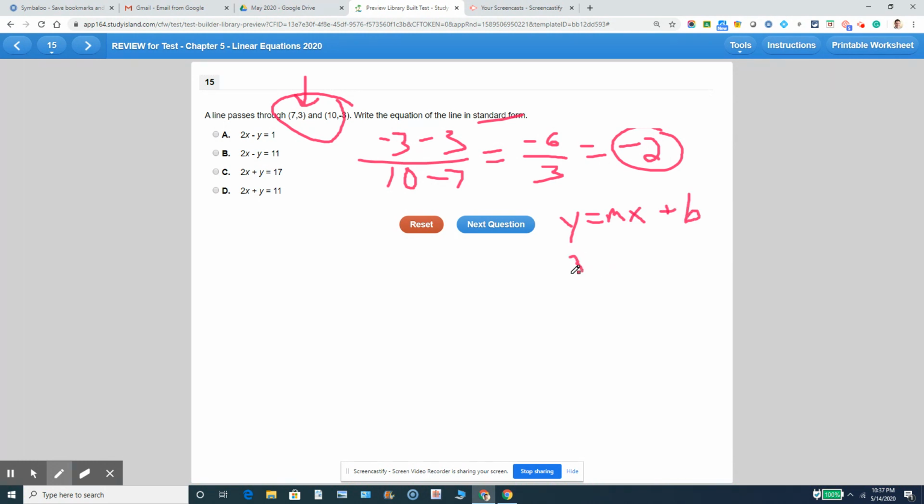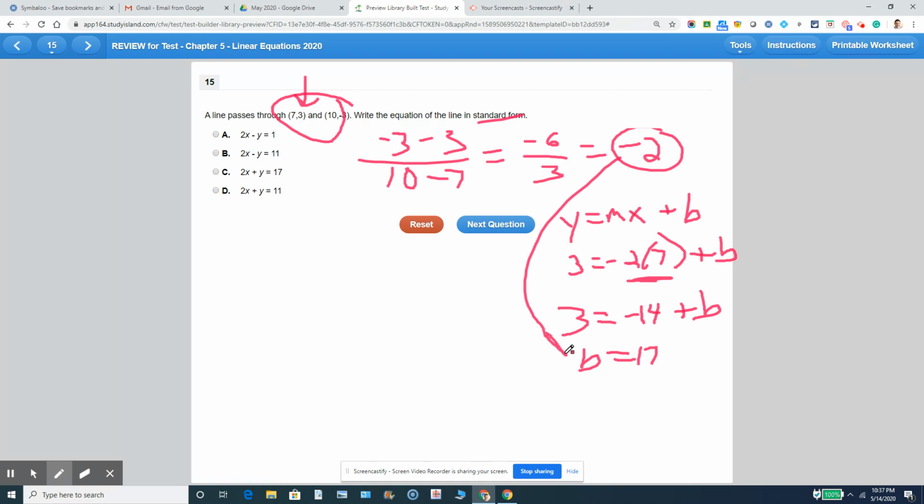So I have 3, right, equals negative 2 times 7 plus b. Multiply these 2, you get negative 14. And if you solve for b, you would add 14 to both sides, and b is 17. So now your final answer in slope-intercept form is y equals negative 2x plus 17.